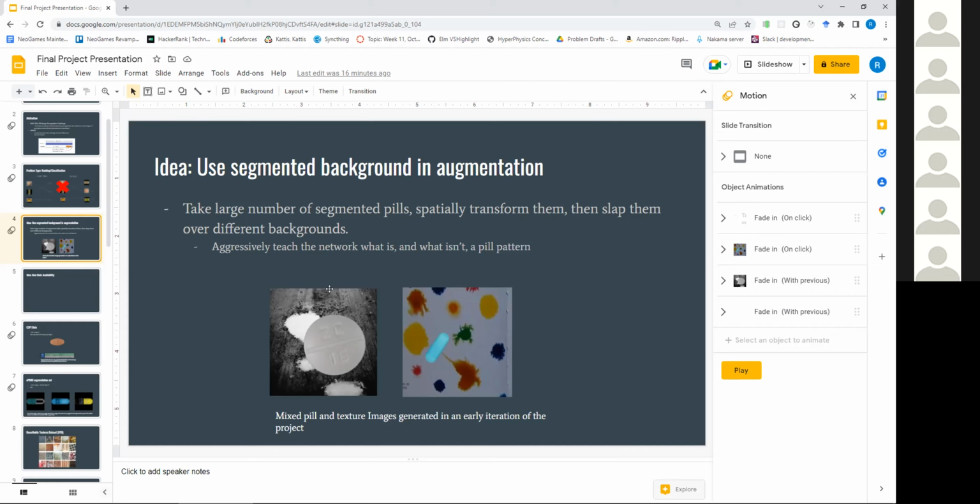Because in the positive pair you have different texture backgrounds, but you still consider it positive. It's a way to enforce the network to not pay attention to the texture or the background, because even though they are different, they are still considered the same type. So let's just focus on the pill itself.